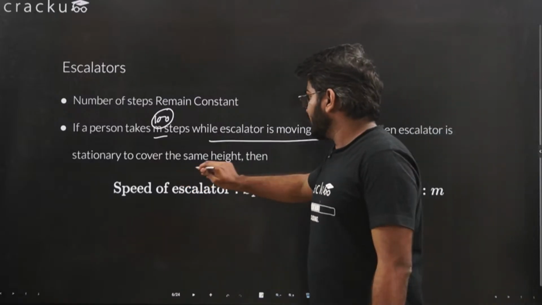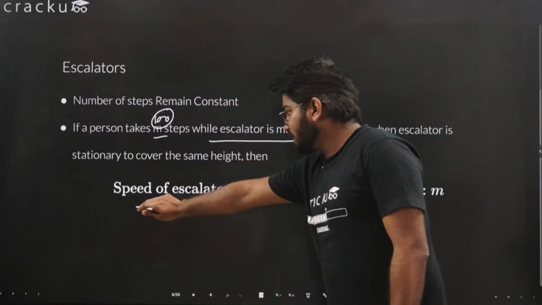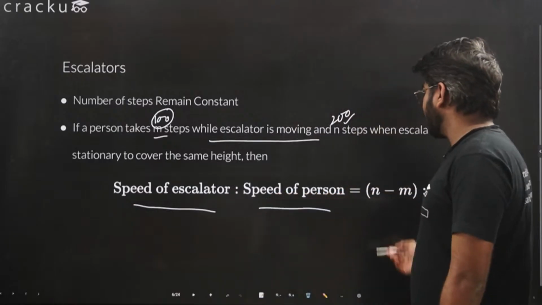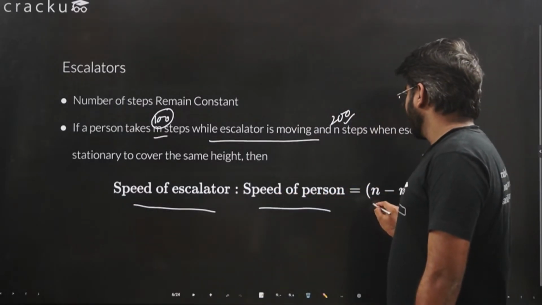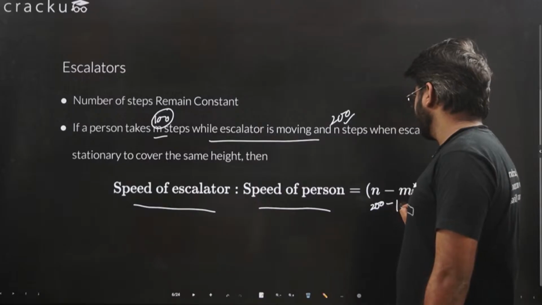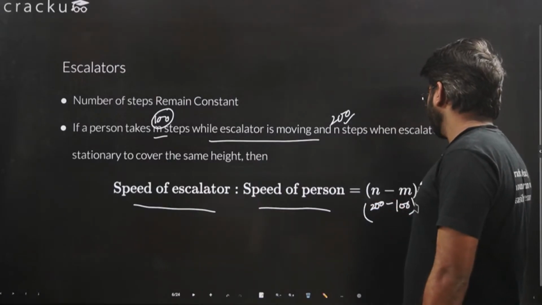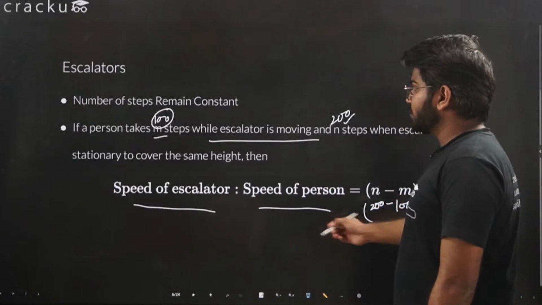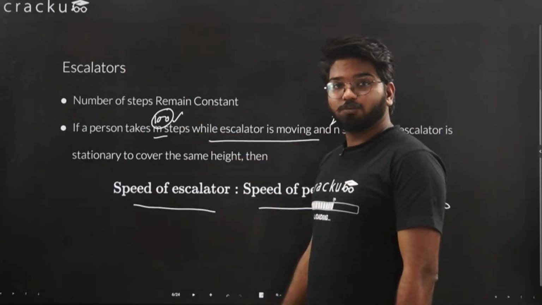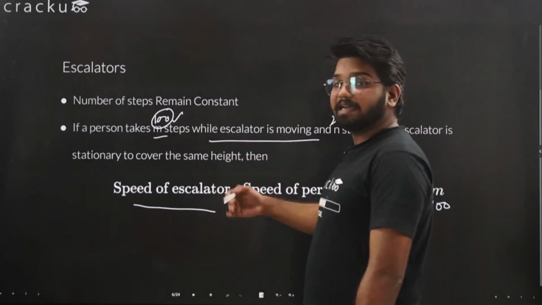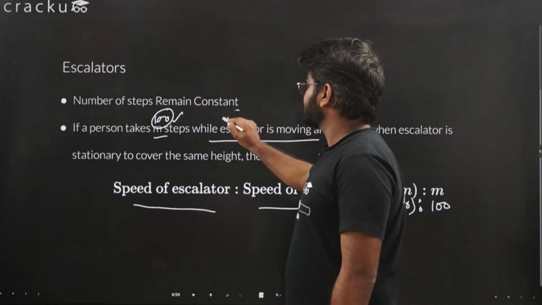So to the same height, what will the speed of the escalator and the speed of the person be? n minus m, that is 200 minus 100, is to m, because in that case the person moved 100 steps and the escalator moved 100 steps.